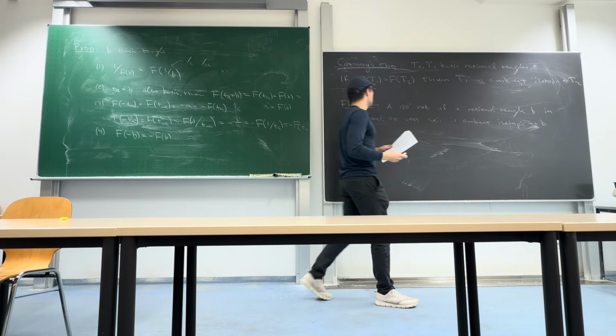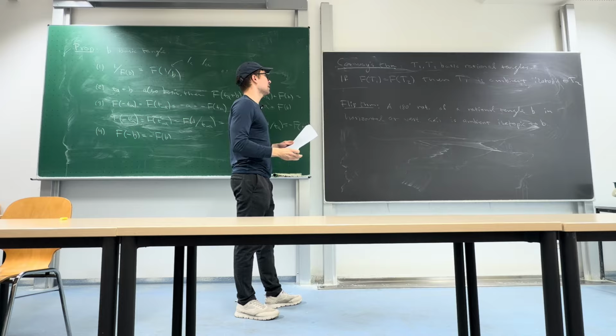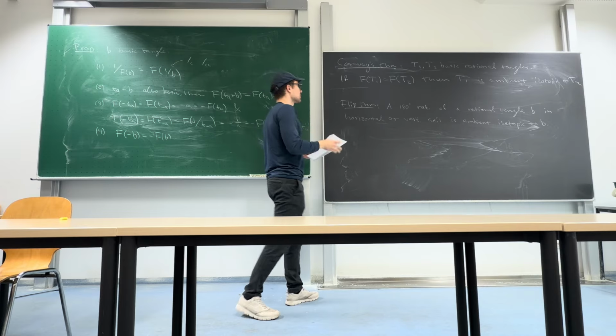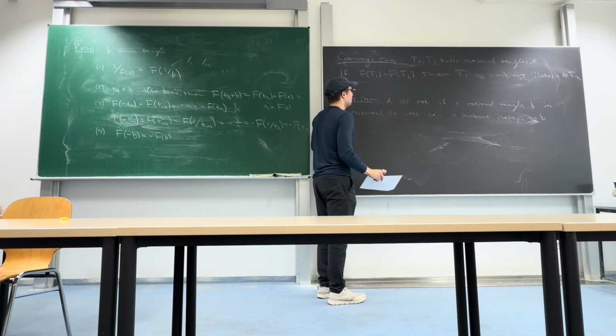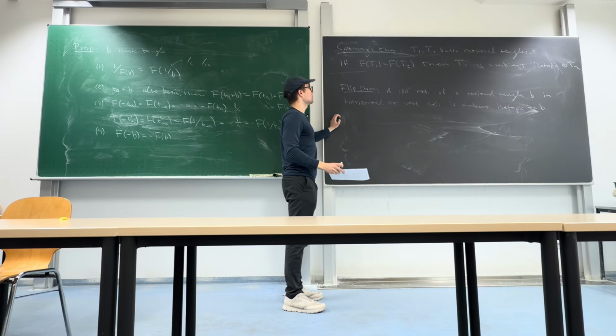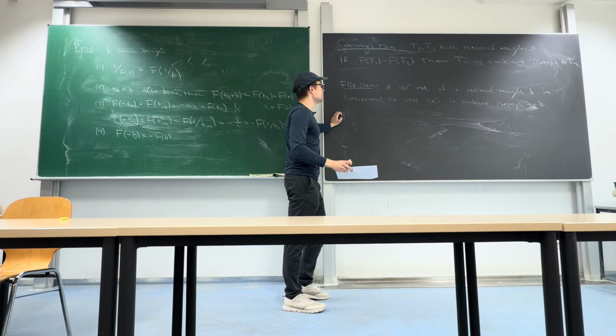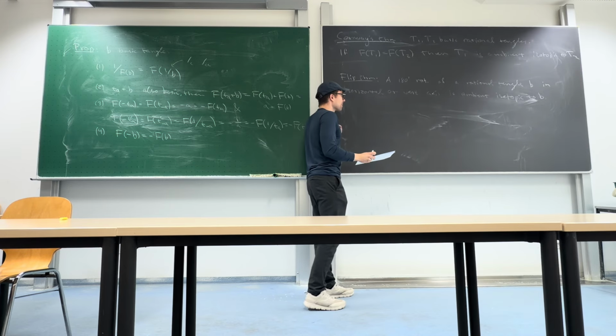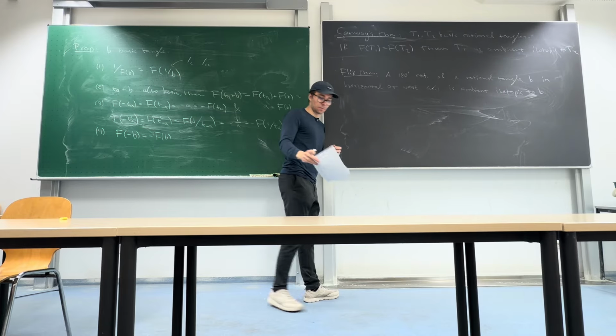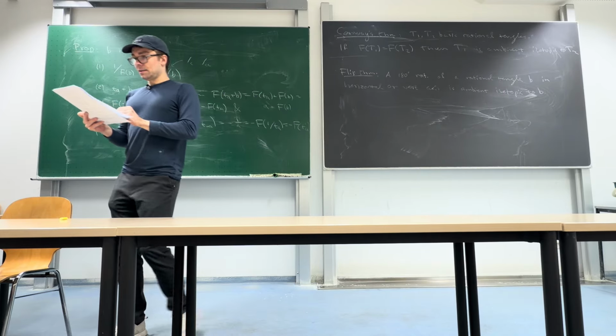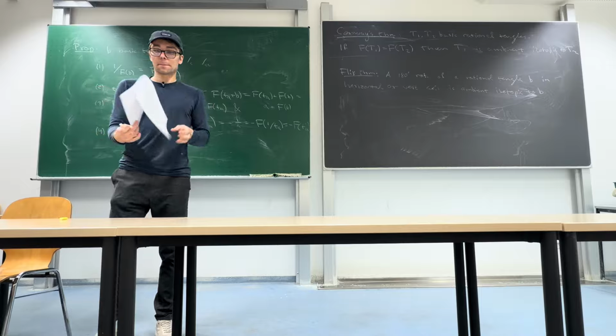I'm not going to prove this, but the idea is basically that we do induction over the number of twists. The horizontal case is a bit easier. The vertical case is also not too hard. But it's an inductive argument, and that's good to know.